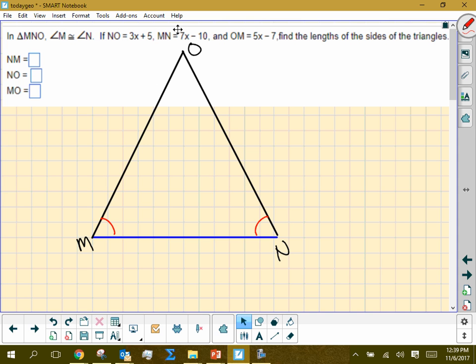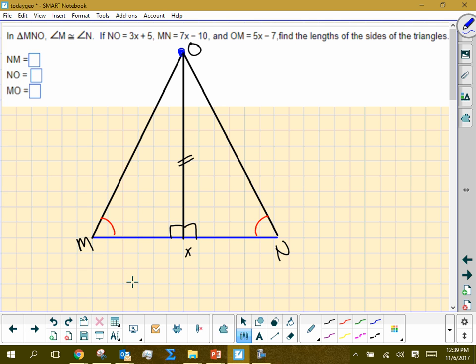And I have a point that is not on that line, that one there, O. How many lines are there that will go from this point here perpendicular to this one down here? One, right? And I'm going to say I chose that one. And if it's perpendicular, that angle and that angle there are congruent, correct? I'm just going to call this point down here X. Would you guys agree that OX is congruent to itself?